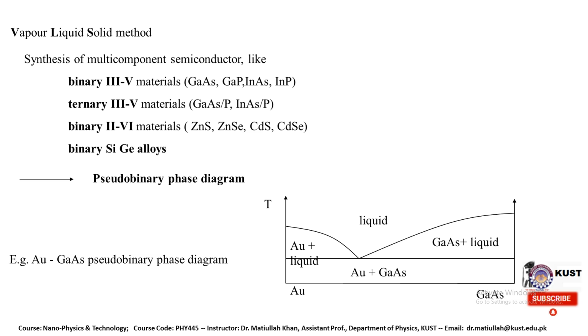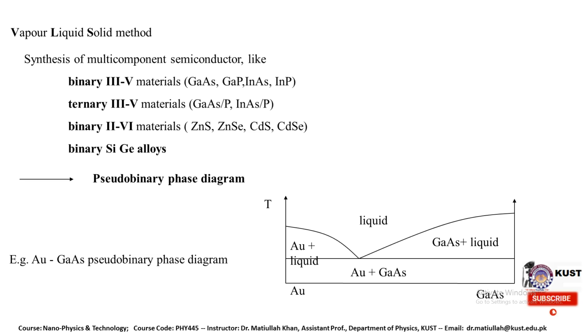So we have a pseudo binary phase diagram for such types of materials, especially for the GaAs semiconductor material. Here we have different phases, which are the combination of Au, where Au is doped in GaAs. On one side we have GaAs in liquid form, and the combination of liquid and GaAs, and on the other side we have Au.